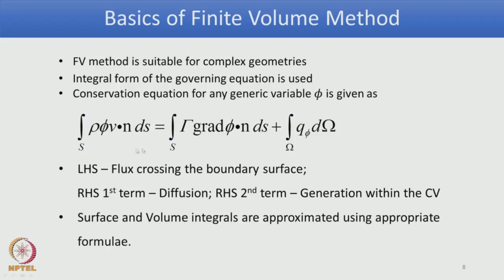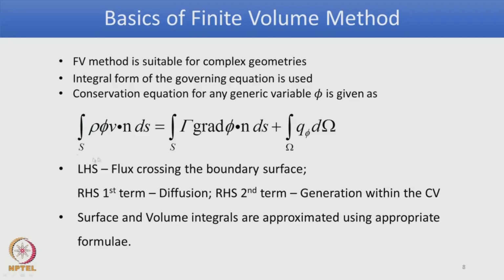Now, we need to evaluate these integrals, the surface integral as well as the volume integral, over the finite volume mesh that you have considered, and they are approximated using appropriate formula. When you say appropriate, you have a volume integral and a surface integral, so you need to take those things into account.